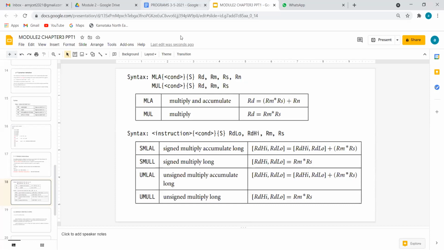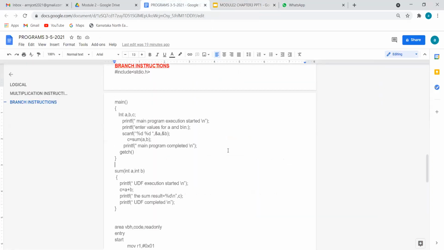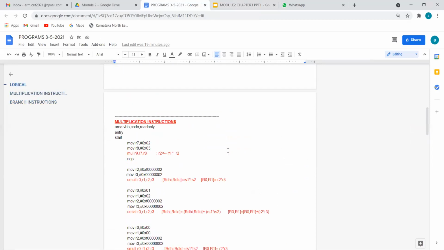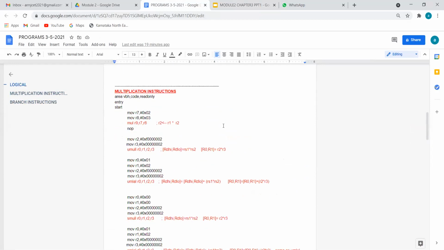Okay. So I took one program to explain all these concepts. Here are the values. Can you give me the answers in the chat box? Okay, sorry, let me share that first. Can you see the program here?